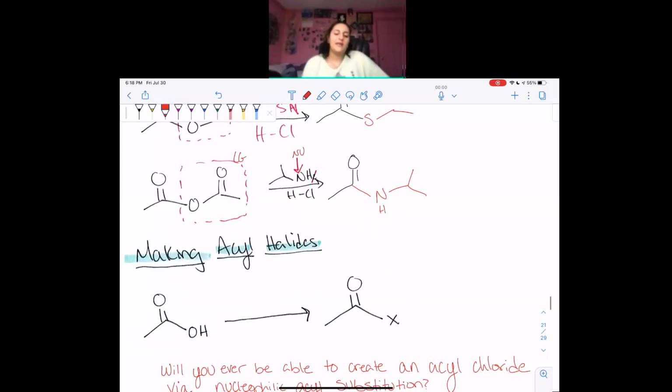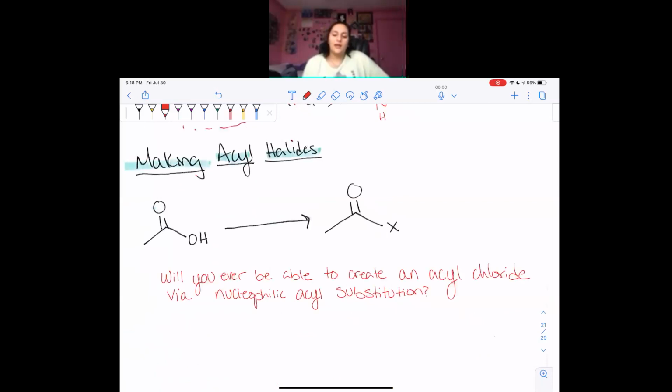Okay, making acyl halides. This is really important because you cannot make an acid halide through a regular old nucleophilic substitution reaction. You need PCl3, PCl5, SOCl2, COCl2. You need one of those reagents. And all those are going to do is replace the OH with the halogen.